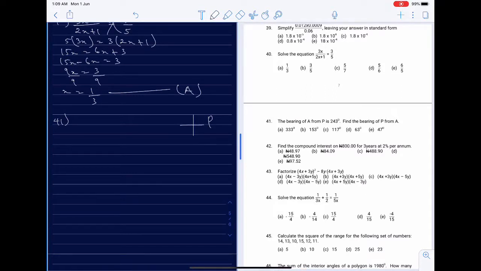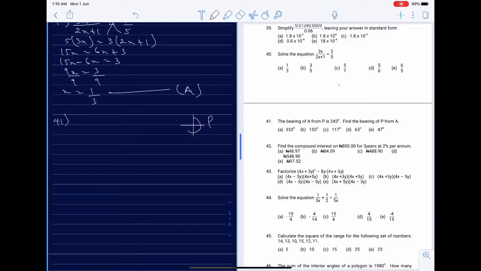The bearing of A from P is the angle from the north pole at P to the line that joins P to A. Now, let me measure 243. This is 90, 180. 243 is somewhere around here because it's not up to 270.